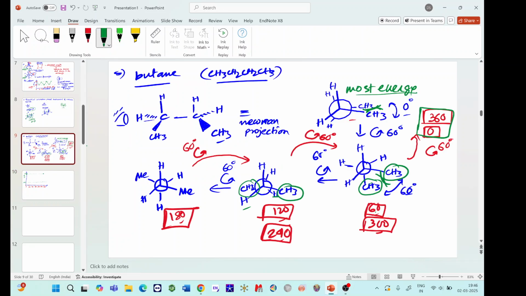So just check this one. So here nothing is eclipsed in the 180-degree structure, okay, and methyl are farthest from each other. They are exactly opposite. So this will be least energy or most stable.